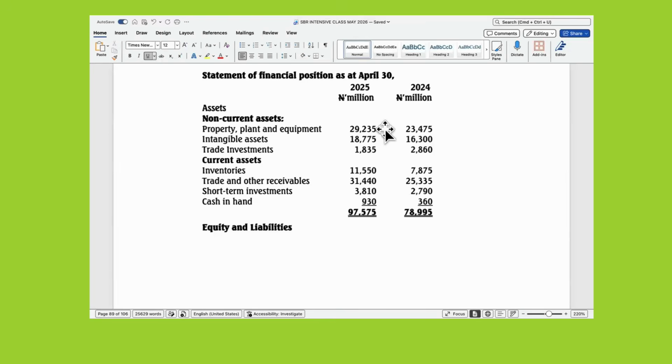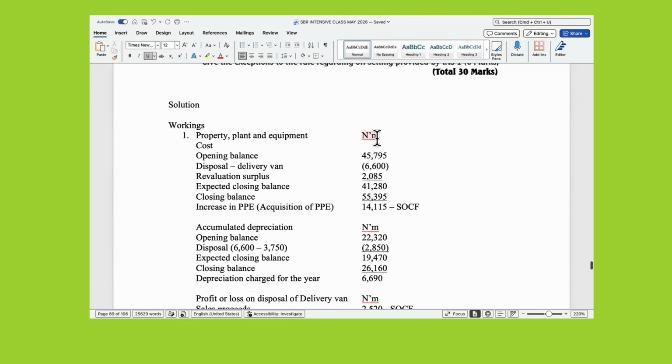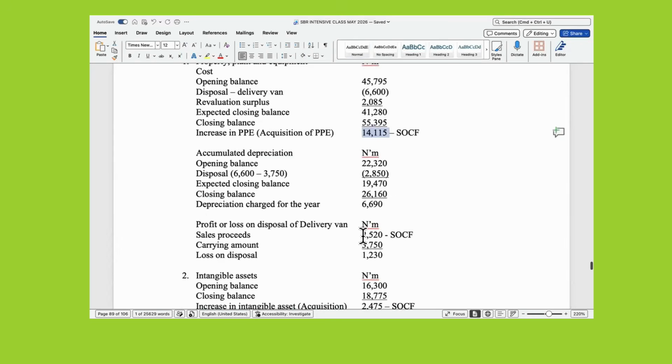First, your PPE. And in your movement in PPE, you have already identified disposal and acquisition. From the movement we did, we saw that there was an acquisition of 14,115, and they also told us that there was a disposal. So I need the cash, not the costs.